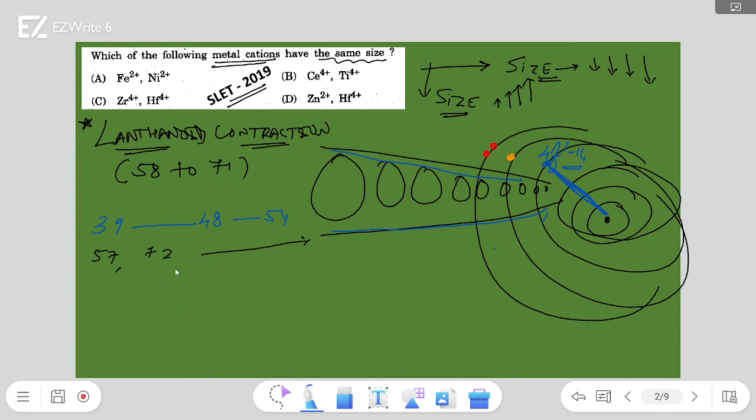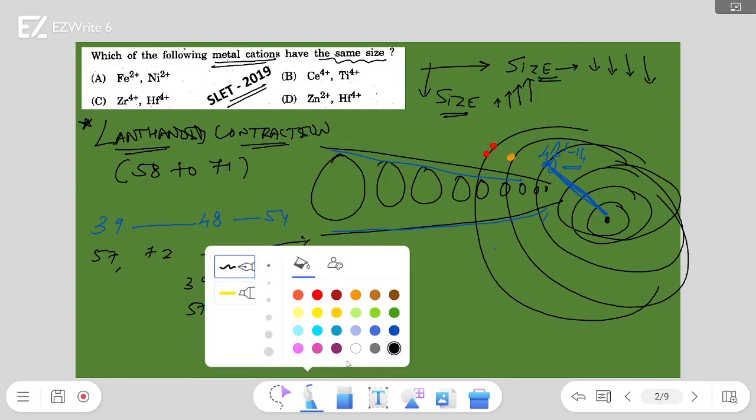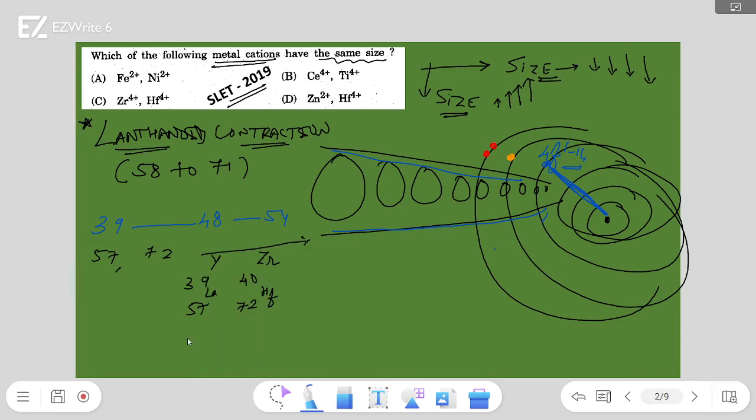If you look very carefully, element number 39, that is yttrium, element number 40, that is zirconium, exactly below which you have element number 57, that is lanthanum, and element number 72, that is hafnium. Between these, that is 57 to 71, all the elements fall into the lanthanoid group, due to which there is a sudden decrease in the size from element number 72 onwards.